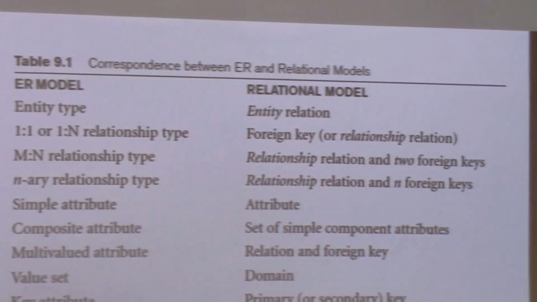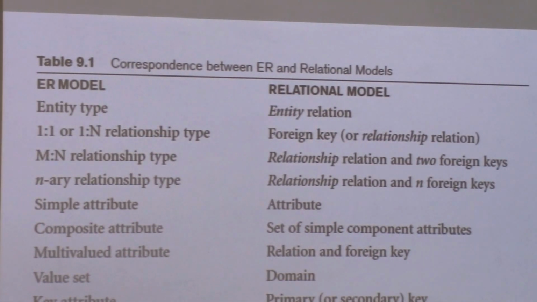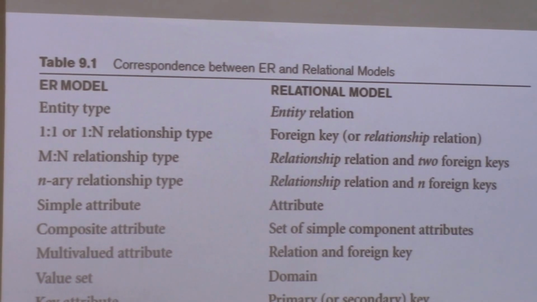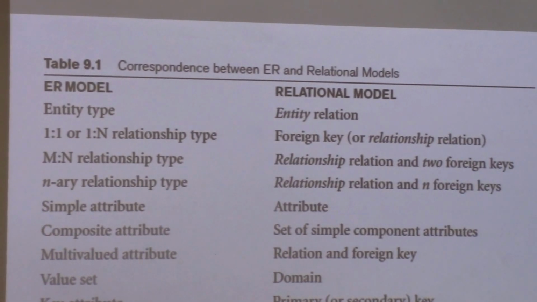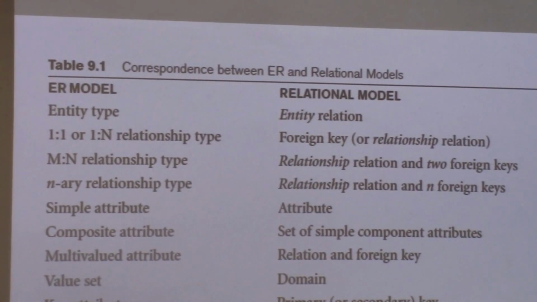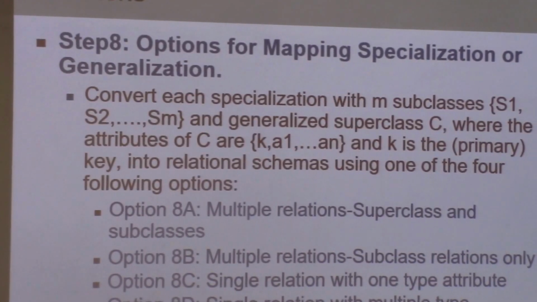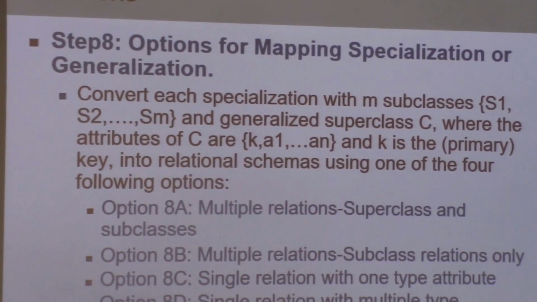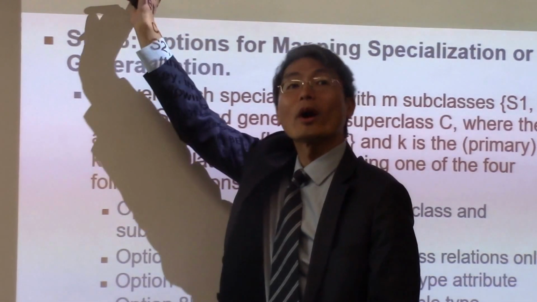Okay. So this is the summary of our mapping. So in your project, you should be able to convert the ER model to the relational schema diagram. So the remainder is the extended or enhanced part.